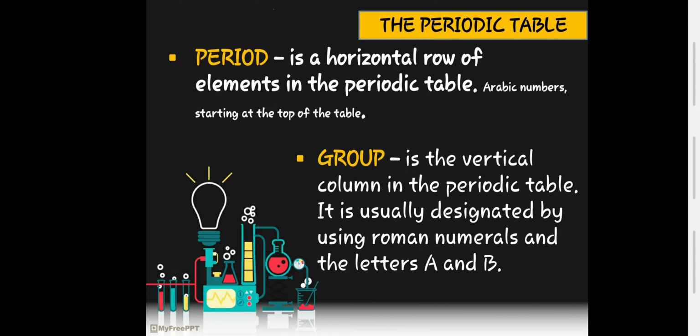So this is the difference between the period and the group, okay? A group signifies the vertical column in the periodic table. It is usually designated using Roman numerals and the letters A and B. So always remember that one. I will give the example in the next slide.